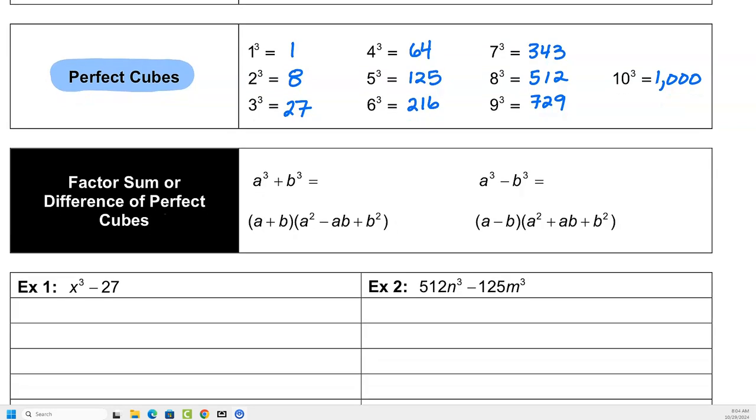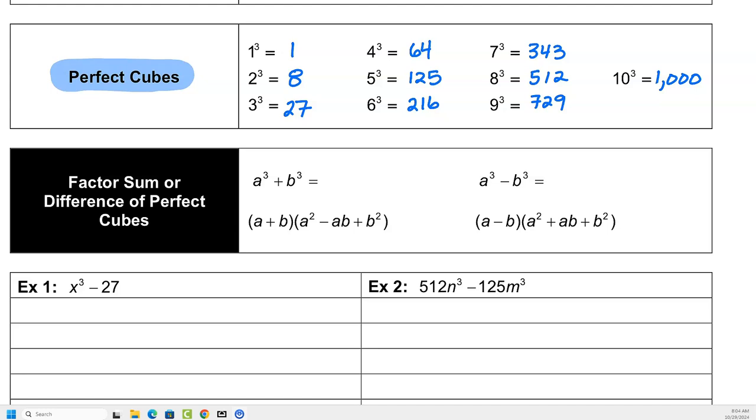Okay, so now factoring sum and difference of perfect cubes. I like to do this with a pattern, okay? But the book, they like to write out the pattern, and I like to give you the pattern to follow.